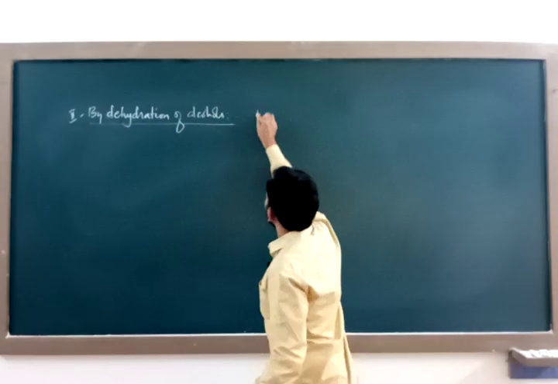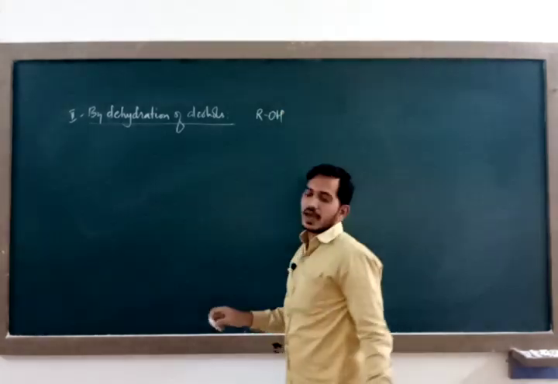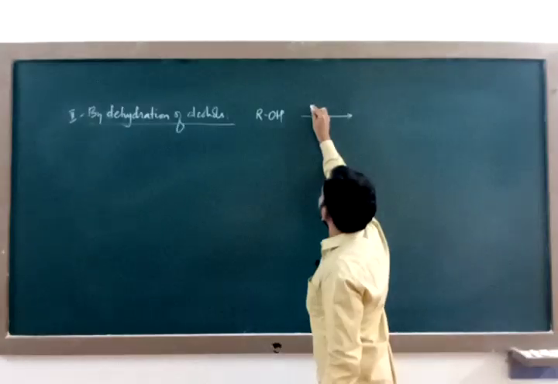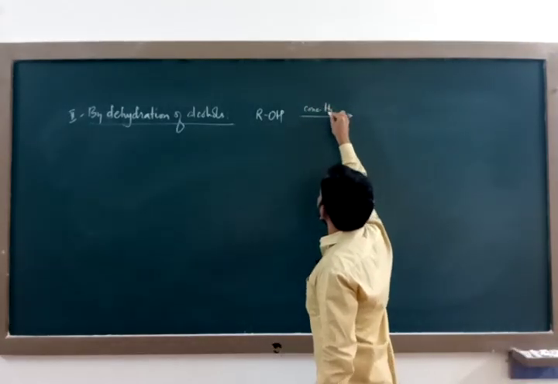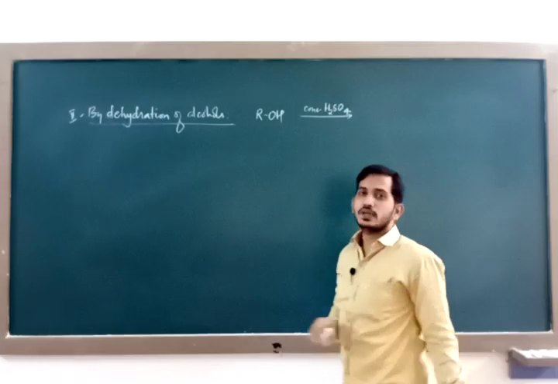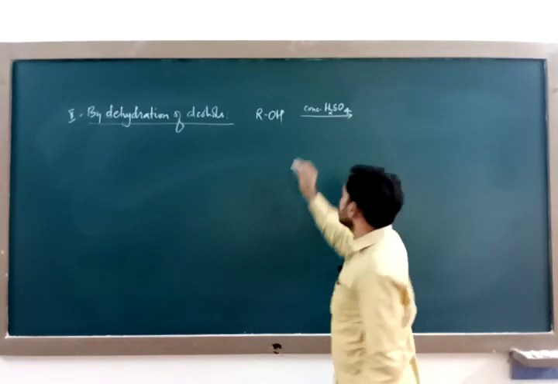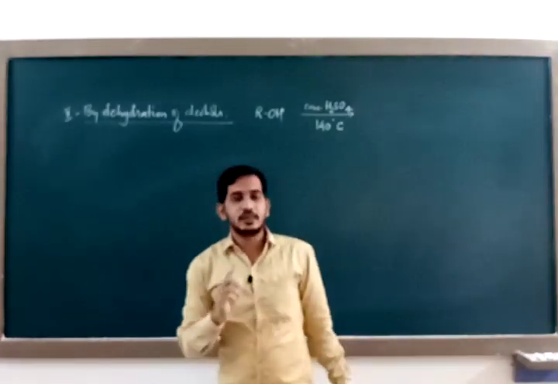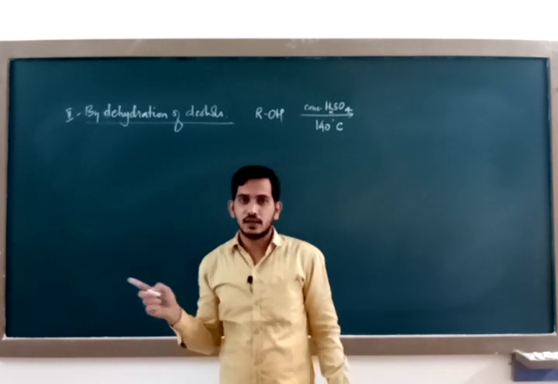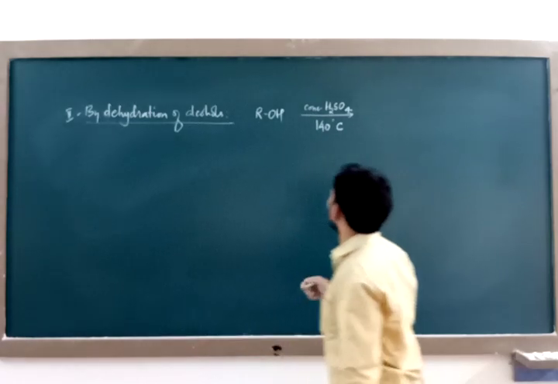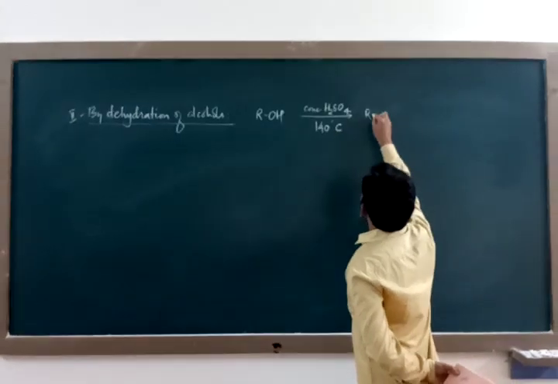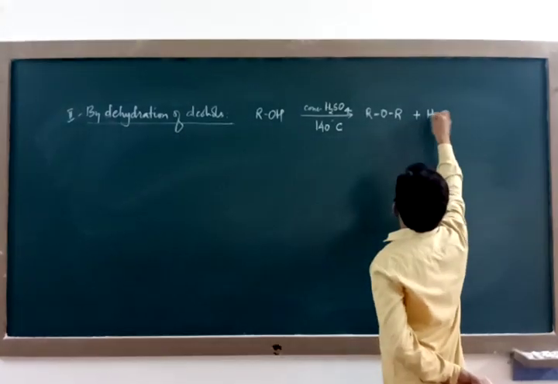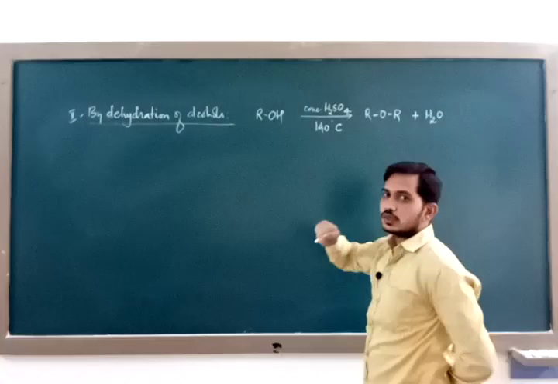So if an alcohol is dehydrated in the presence of a dehydrating agent like concentrated sulfuric acid at a temperature of 140 degrees Celsius. Specifying the temperature is important in this method. Why? I will tell you after some time. So if it is done, you will have ethers along with the dehydrated product, that is water.